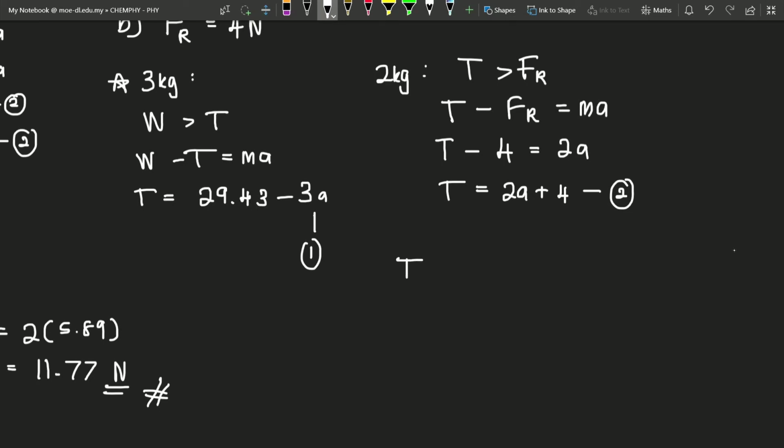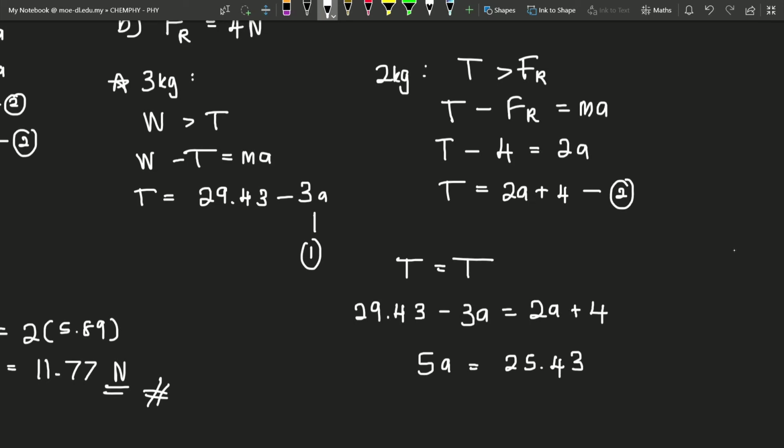So you know T equal to T. 29.43 minus 3A equal to 2A plus 4. So you know 5A equal to 25.43. Therefore, your A will be 5.09 unit in meter per second square.